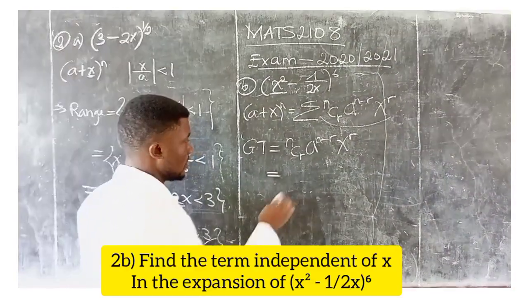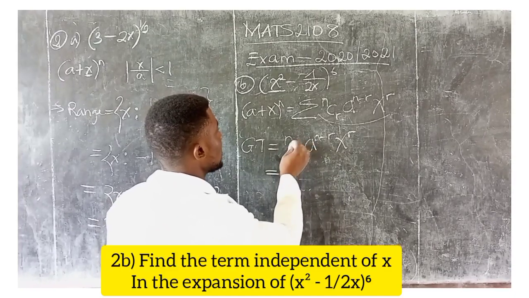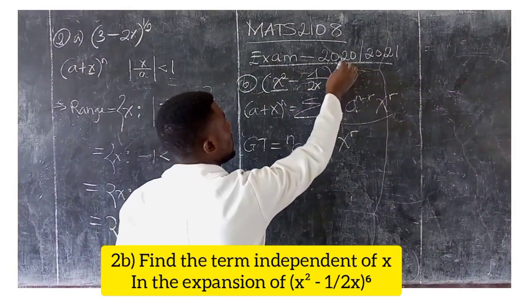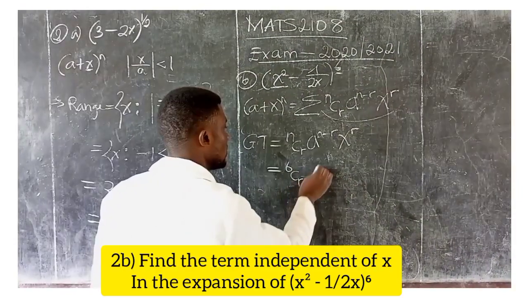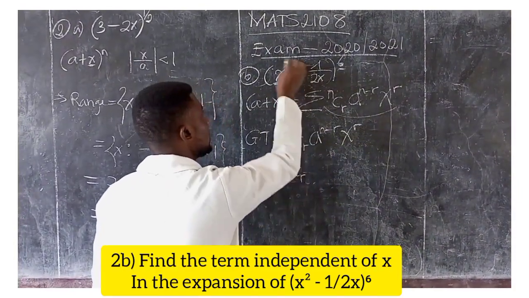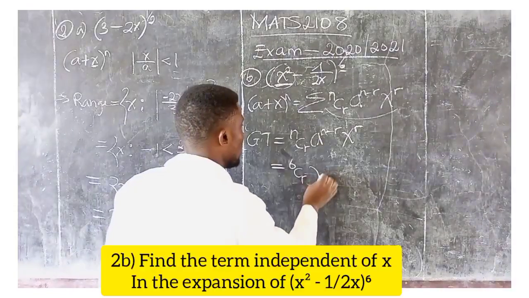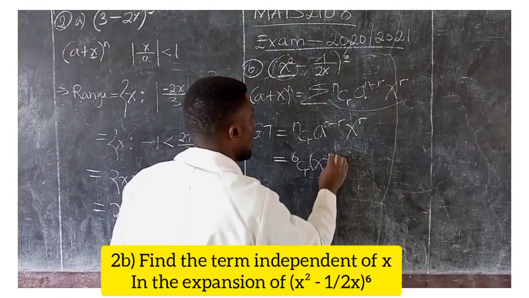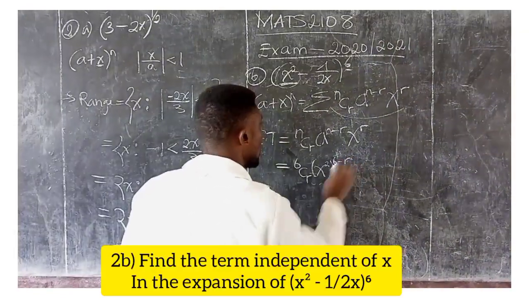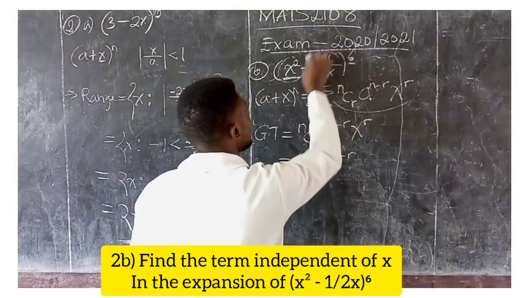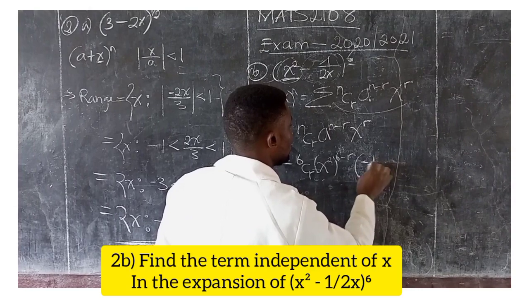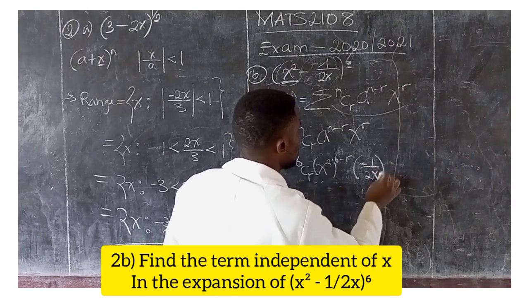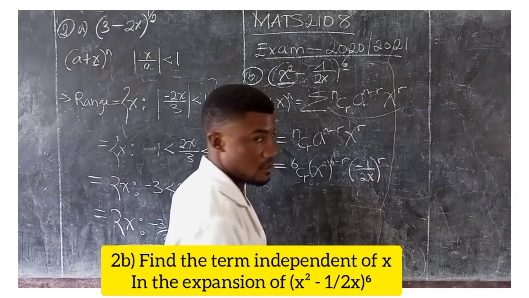Our n in this case is the power of this binomial, which is 6. So we have 6 combination r. Our a is x squared to the power 6 minus r, and then our x is all of this, which is negative half x to the power r.